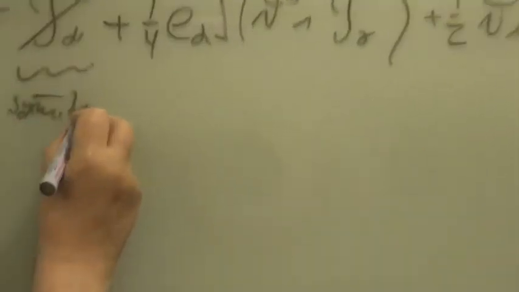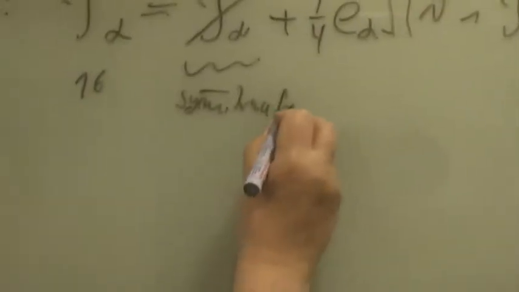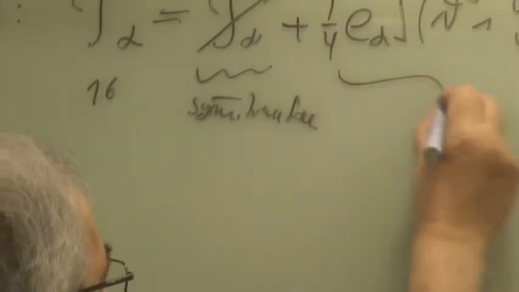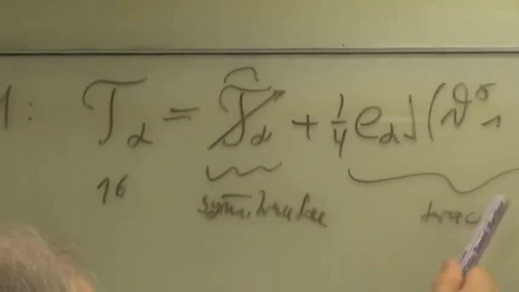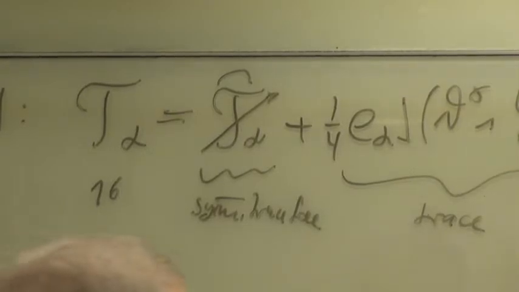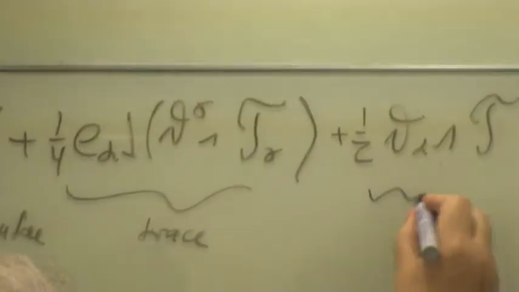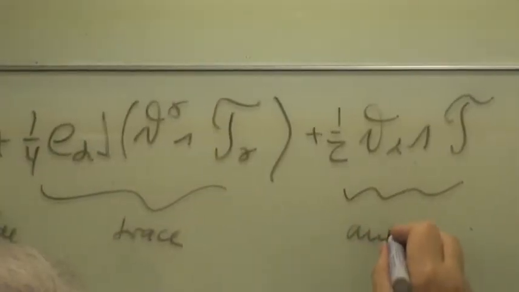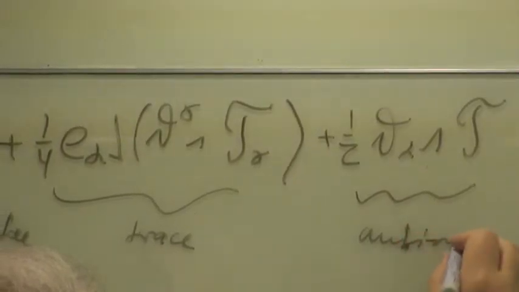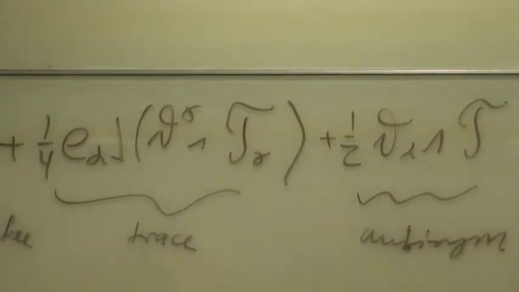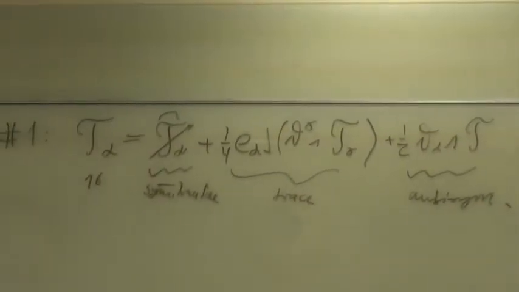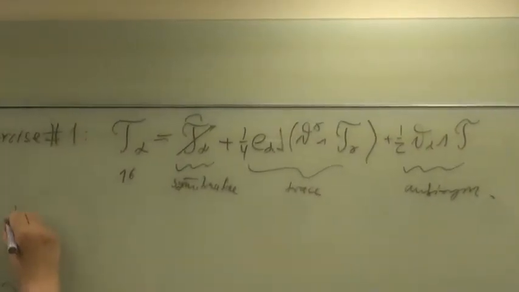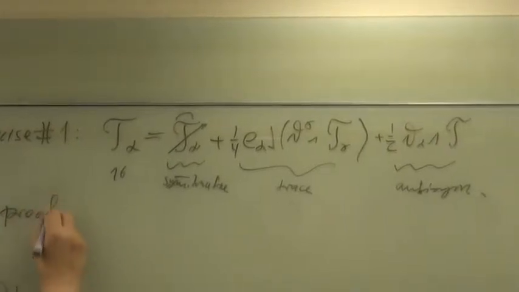symmetric trace free. This is the trace here of the energy momentum tensor, which vanishes, for instance, for electromagnetism, and this is the anti-symmetric piece. Anti-symmetric piece. So each canonical energy momentum tensor can be decomposed, and exercise number 1 is prove this relation.